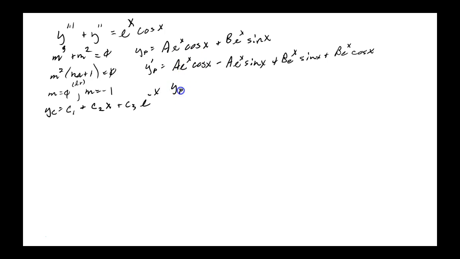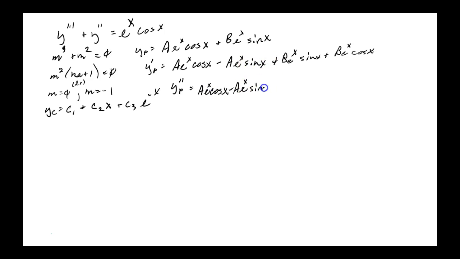y particular double prime, which we're going to need. We got this one to do over again, which is going to be just like it was before. So that's a e to the x cosine x minus a e to the x sine x. I left off my x there too.